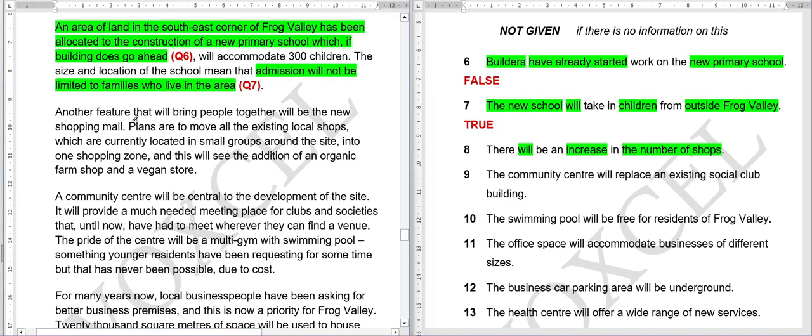Okay, so they are planning to open a new shopping mall, and move all the existing local shops that are in small groups around there to one shopping zone, and there will be the addition of an organic farm shop and a vegan store. So do you have some time? Tell me the answer, and your time starts now. I'm going to write the location here.